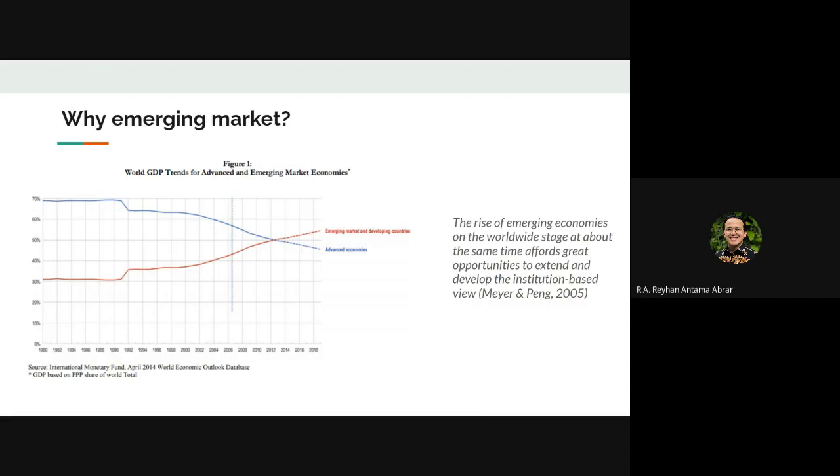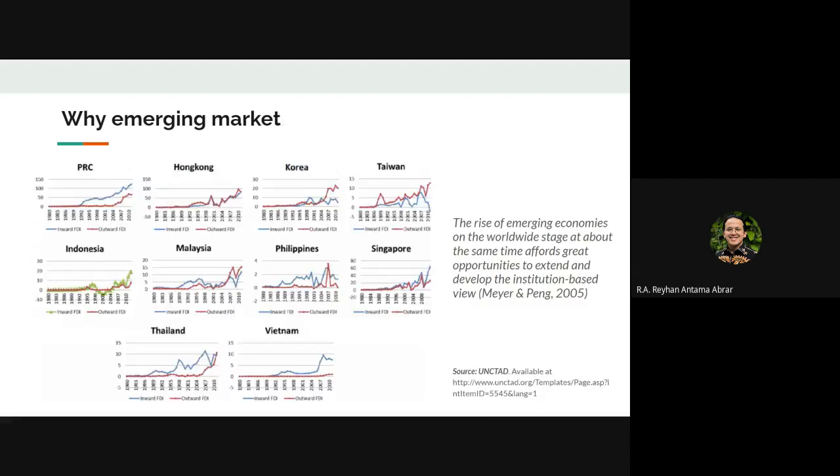Next, please. This is also in detail about the FDI and outward FDI from each of the so-called emerging countries with very high economic growth, and the rise of emerging economies on the worldwide stage at about the same time affords great opportunities to extend and develop the institution-based view.